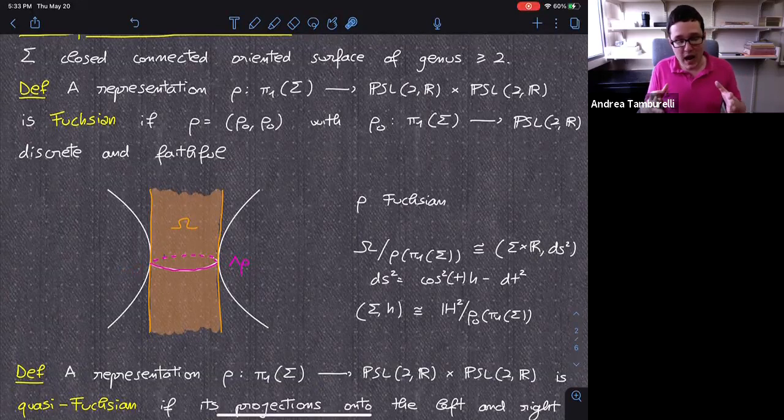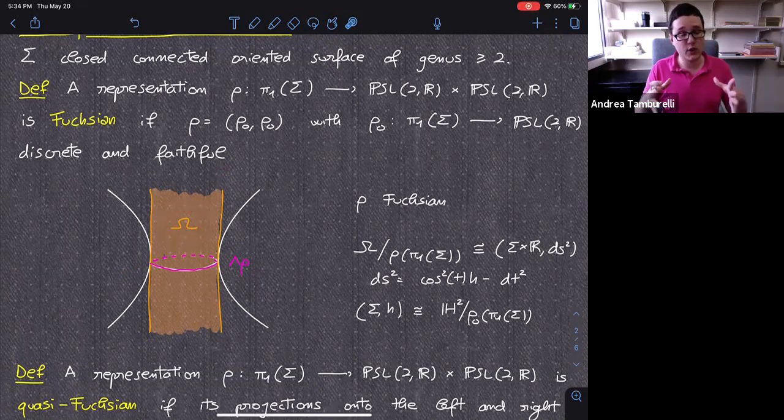And so if you look at how this subgroup acts on anti-de Sitter space, you see that the action is actually properly discontinuous on this domain omega.